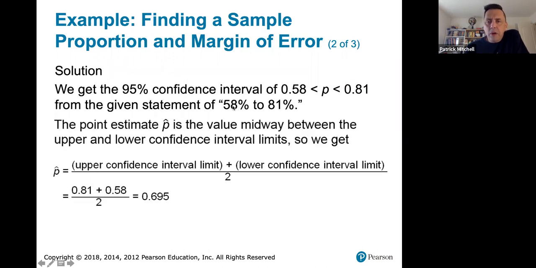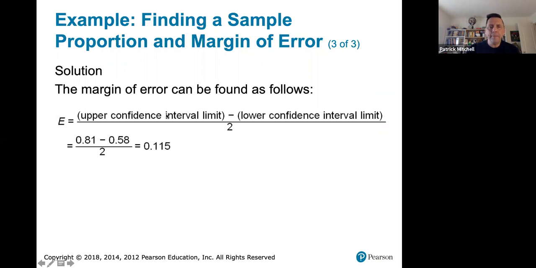here is your lower limit, here is your upper limit. So if you average those together, that will give you P hat. The mean of 0.81 and 0.58 is 0.695. So that's where they got the 70% in the statement of the example. And then the margin of error, you just take the upper limit minus the lower limit and divide by 2.